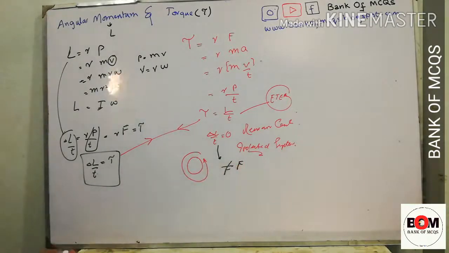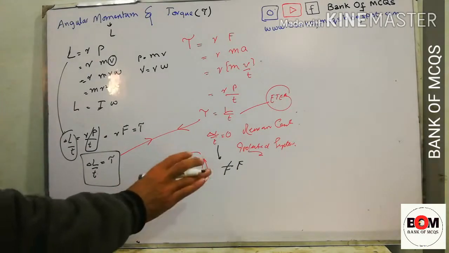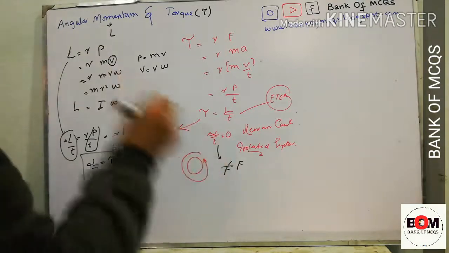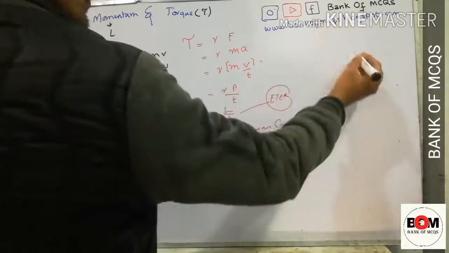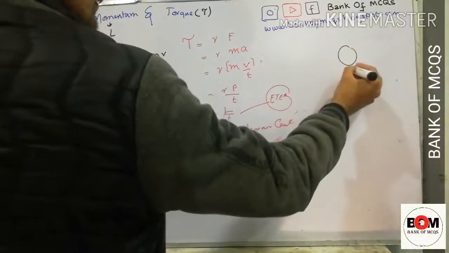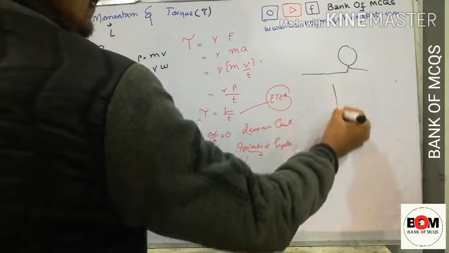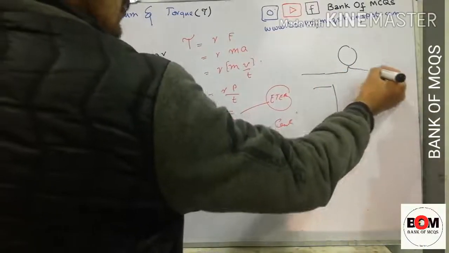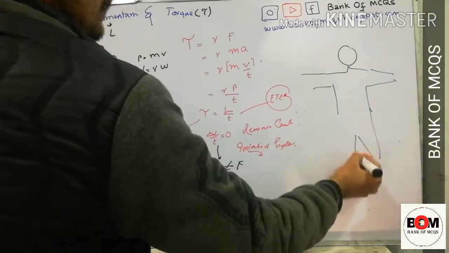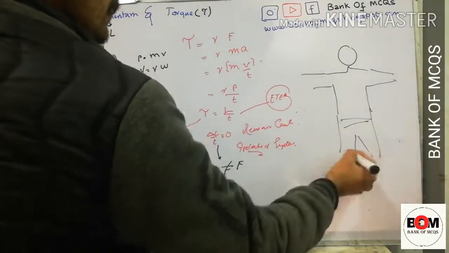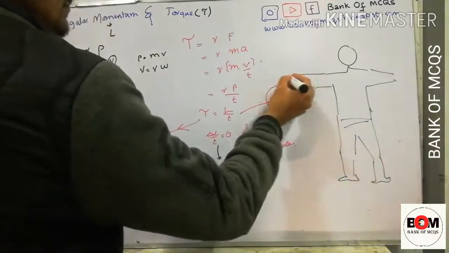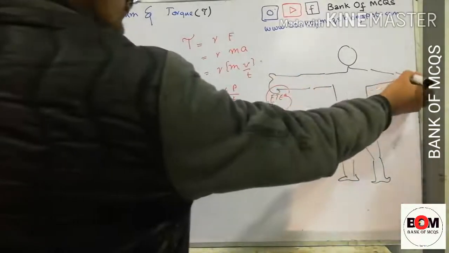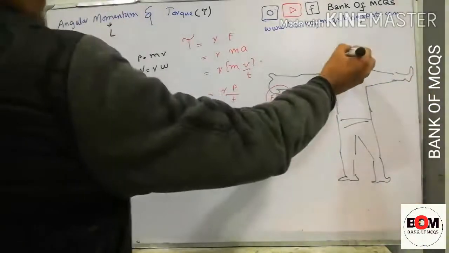Now how does this work? We will explain it with the somersault, or a demonstration of angular momentum by an acrobat in a circus. For example, we have an acrobat that performs different jobs in a circle. One of his main activities is that he can increase or decrease his speed by just using his hands, without any machinery.